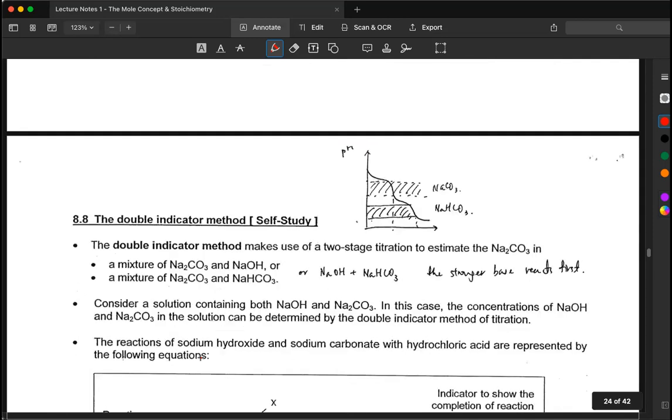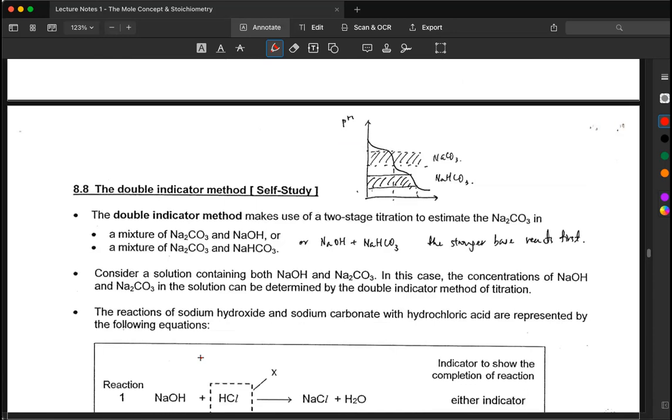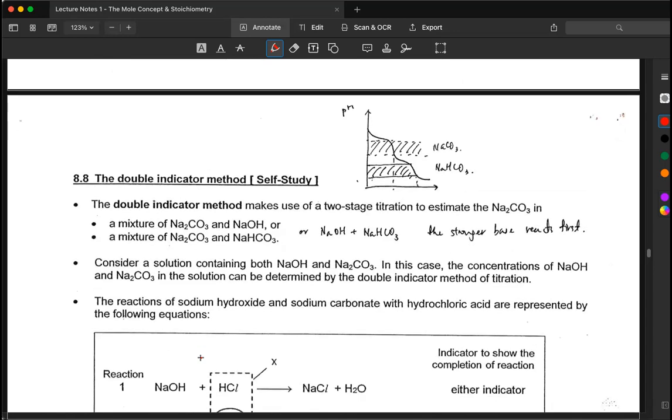Double indicator method. So just now we talked about the example of sodium carbonate with HCl. The double indicator method makes use of a two-stage titration to estimate the sodium carbonate in a mixture of sodium carbonate and sodium hydroxide, or a mixture of sodium carbonate and sodium hydrogen carbonate.